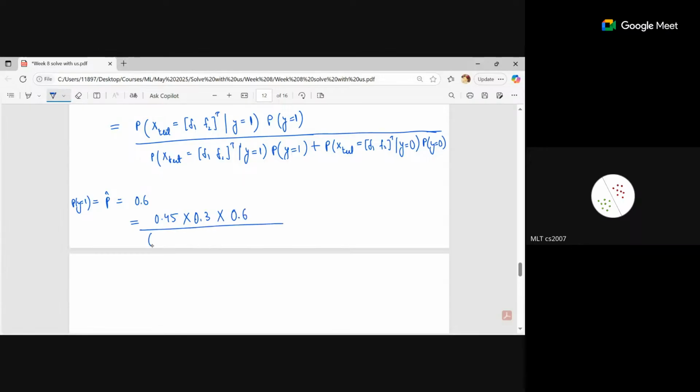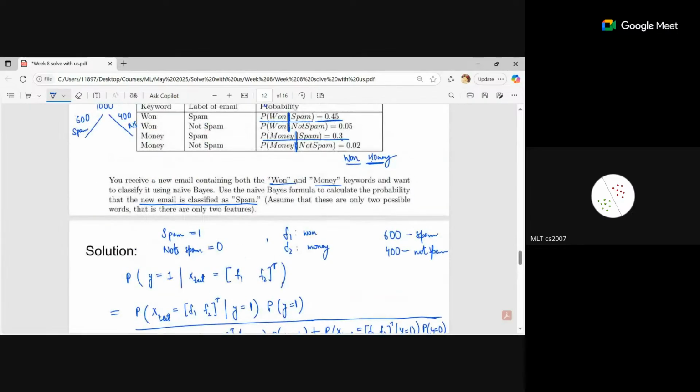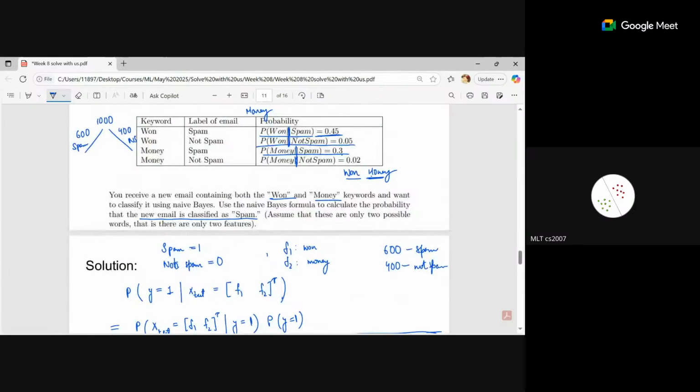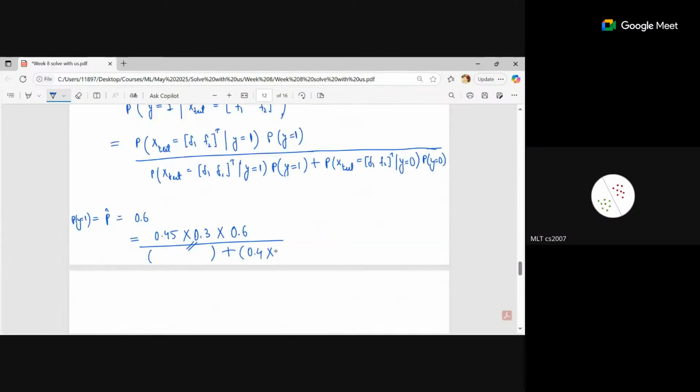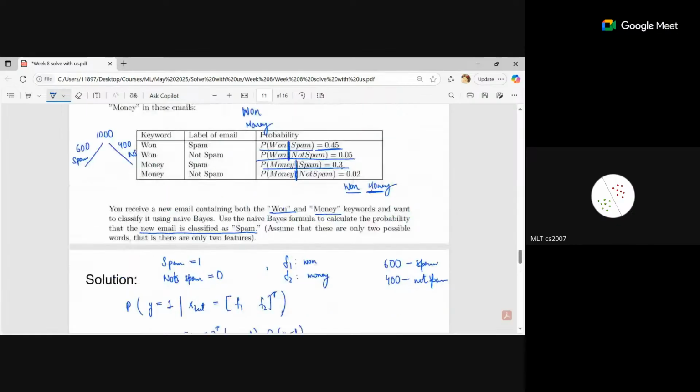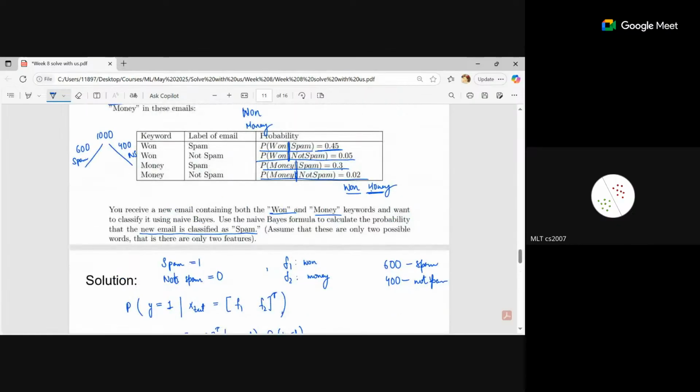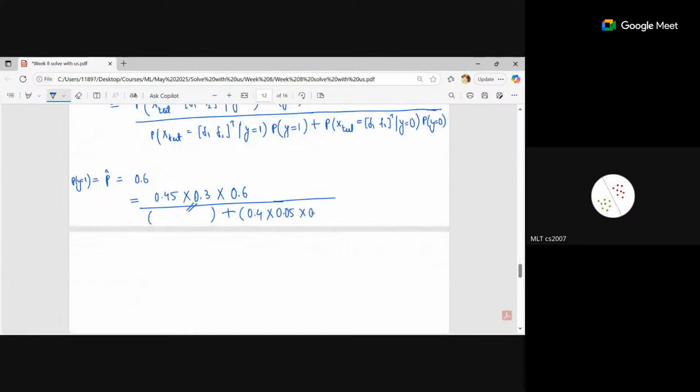And divided by, so this whole thing will come here, plus probability y is equal to 0, which is 0.4. So 0.4 times probability of 1 given not spam, which is 0.05, times probability of money given not spam, which is 0.02.